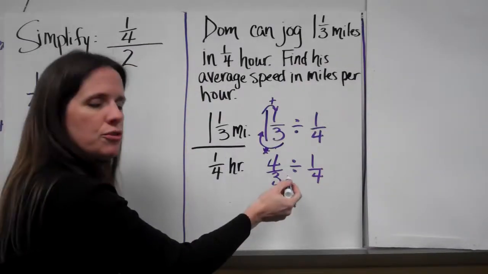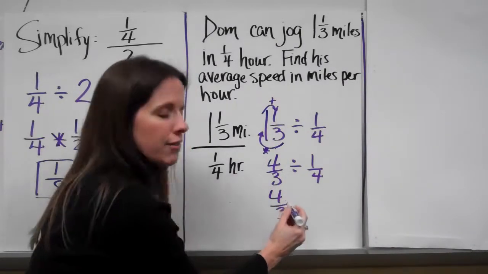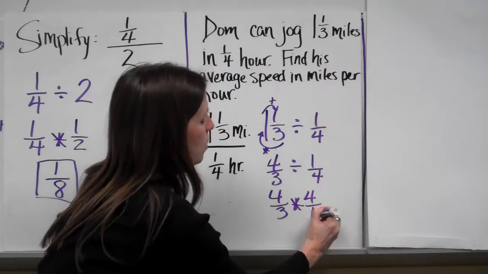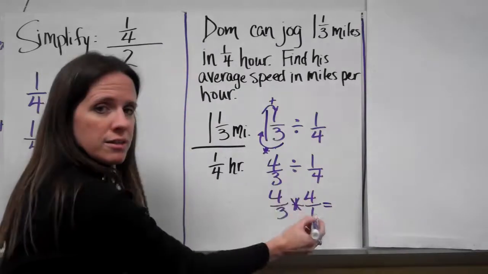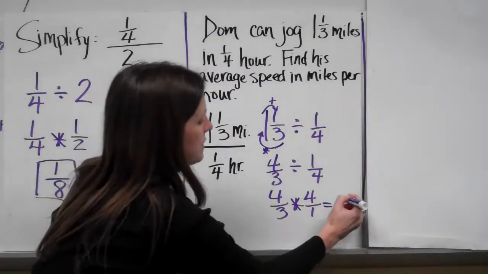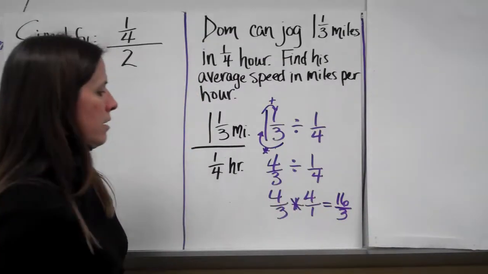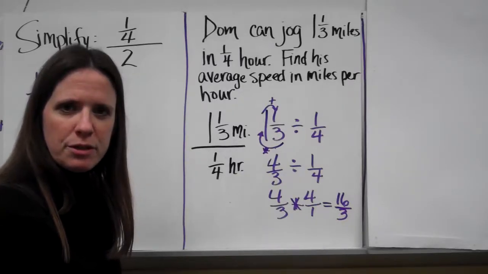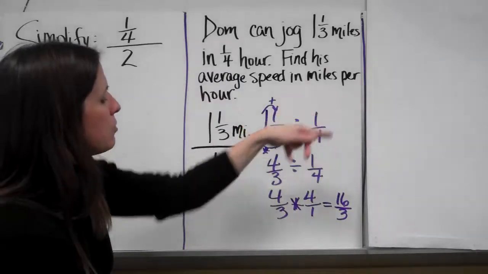And remember, the division with fractions turns into multiplication of the reciprocal of this second fraction. So 4/3 times 4 over 1. There's no cross simplification. 4 times 4 is 16. 3 times 1 is 3. Now leaving this as an improper fraction doesn't make much sense for us because we're looking to find Dom's average speed in miles per hour.